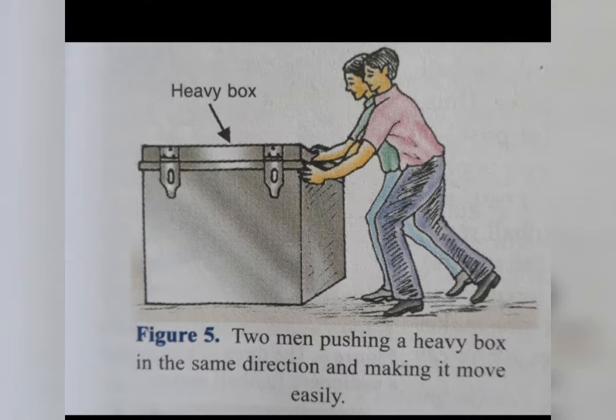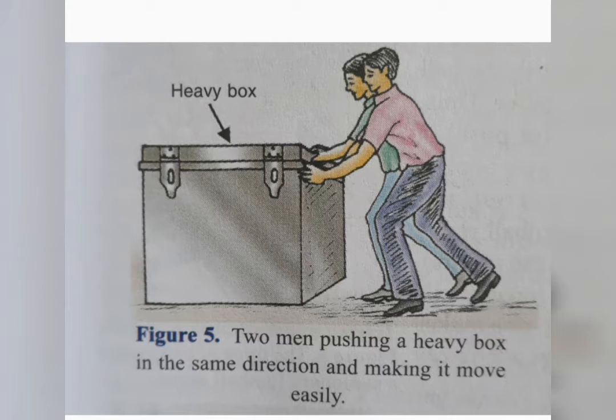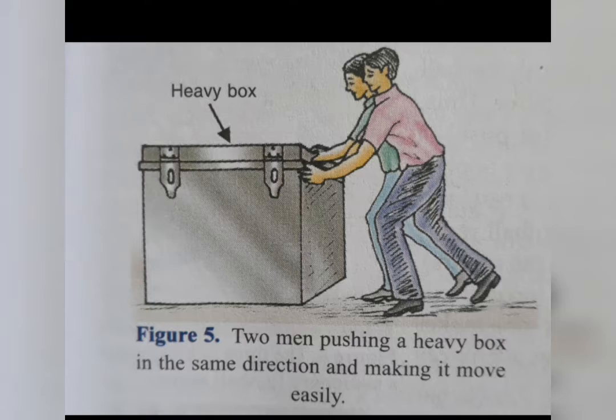Because when the two men apply their forces of push together in the same direction, the two forces add up, right? And they provide a much bigger force. And then this much bigger force can move the heavy box very easily. So here two forces are acting in the same direction. So the resultant force is equal to the sum of the two forces.